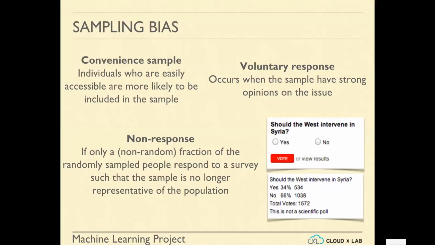This occurs when the sample have strong opinions on the issue. Say, for example, should the West intervene in Syria? The answers to this question would be biased based on which population you ask. The people who have a very strong opinion about the matter will come forward and answer more.